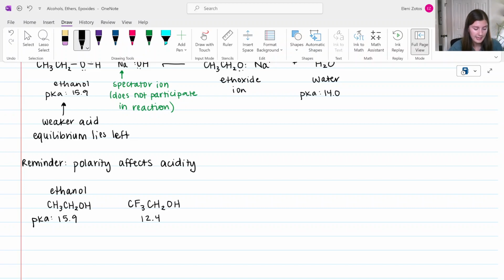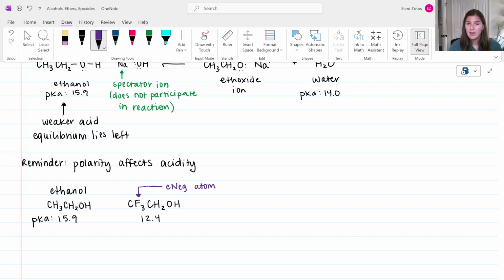So a lower pKa, and that's because we have this electronegative atom here. This pulls electron density away from the acidic hydrogen that's bonded to oxygen. That increases the partial positive charge on that proton, making it more acidic.